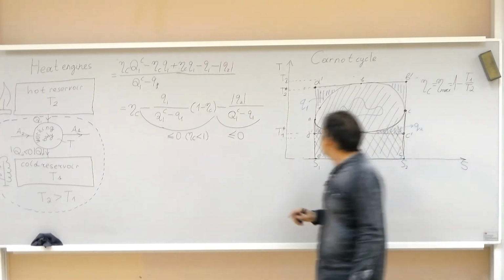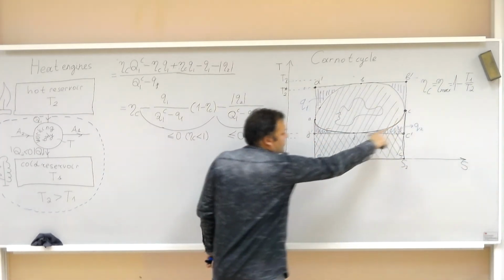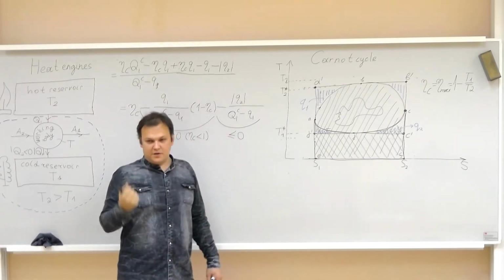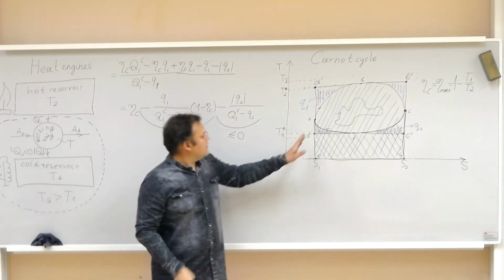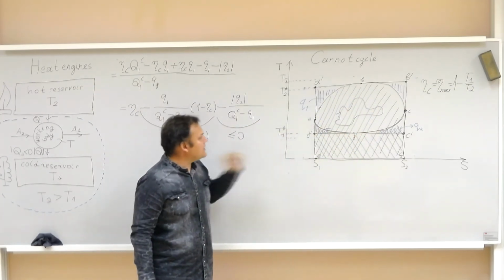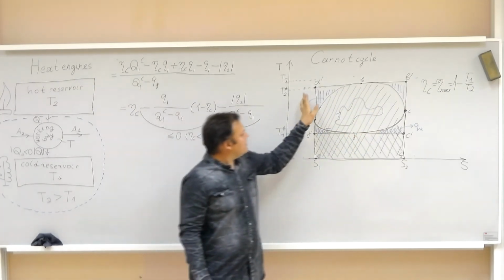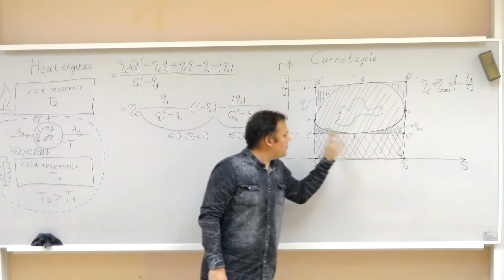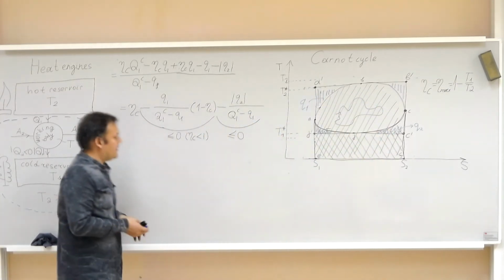The engines whose working body follows a quasi-static process, which is different from the Carnot cycle, are less effective than the engines that follow a Carnot cycle.